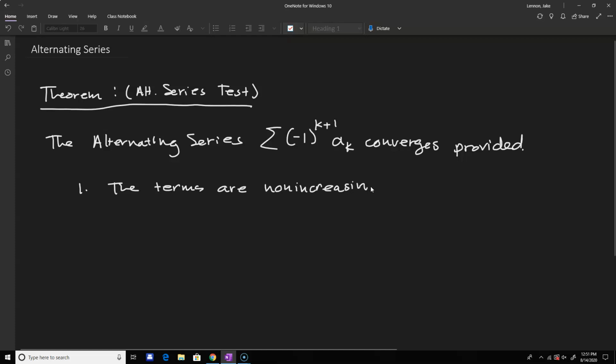So if we only look at the positive parts, 0 is less than or equal to a sub k plus 1, which is less than or equal to a sub k, for all k bigger than some index n.